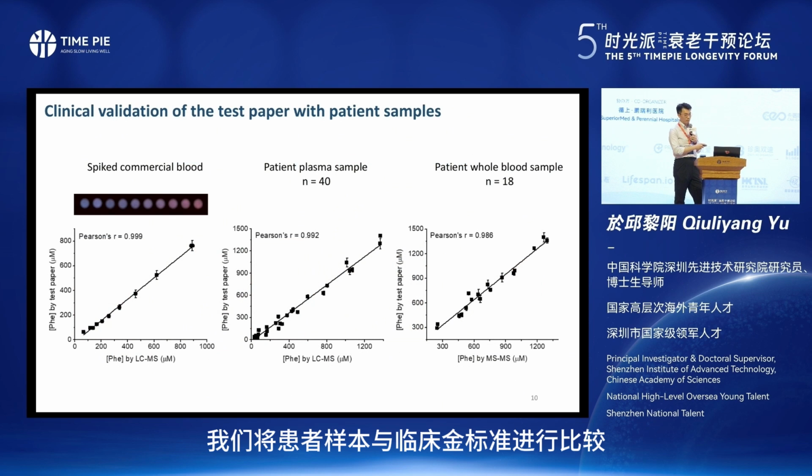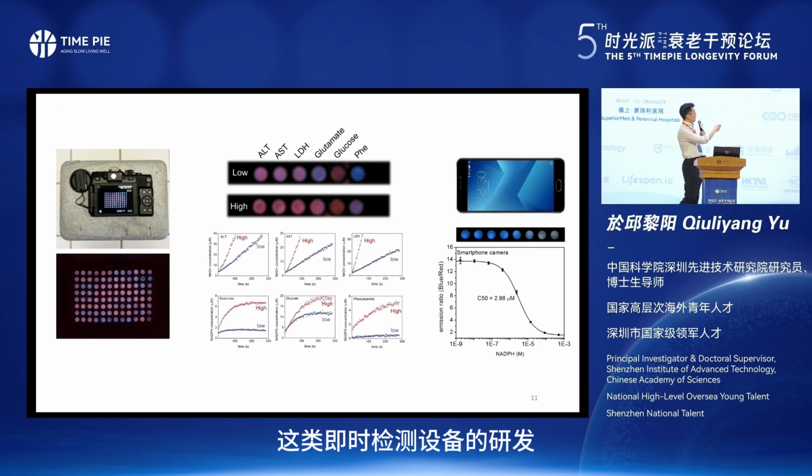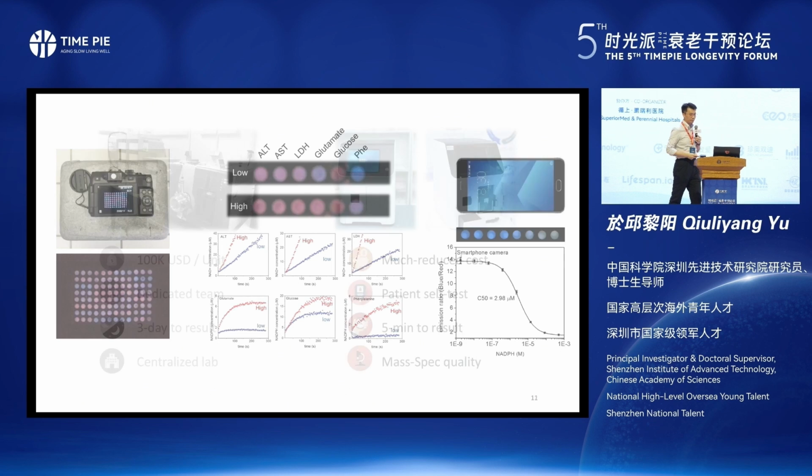So this is how we performed in patient samples compared to gold standard methods such as LC-MS and MS-MS. And we had a very good coherence between the two methods. That gives us sufficient confidence to move to this type of point of care devices so that we can monitor concentrations at a larger scale.